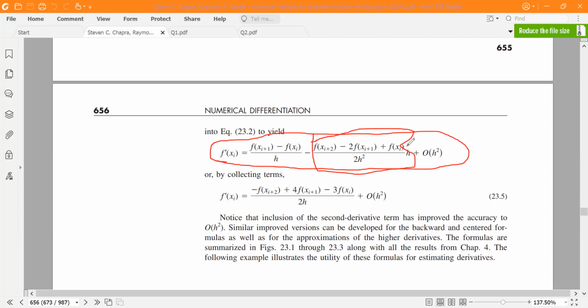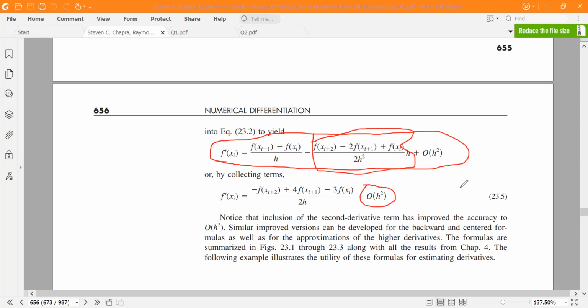Then if this second derivative is added with it, you see that your truncation term is in the order of h squared. Your h is actually very small. Of course, it is less than 1. As a result, when your error is in the order of h squared, that means for example, if we halve h, then the error will be one quarter, isn't it?